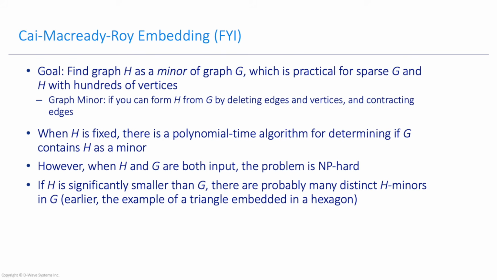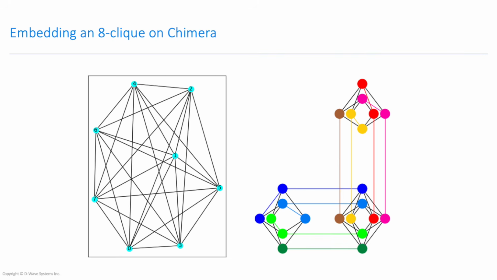And so now I'm going to show you some examples of embeddings. So this is an 8-clique. You can see on the left there any node. If we pick 7, for example, it's got 7 links to all the other nodes in the graph. And on the right is the picture, the embedded graph, as it ends up embedded on Chimera.